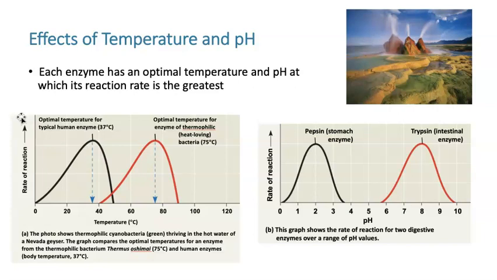So here in this first graph, we have a thermophilic cyanobacteria. That's fancy. Thermophilic just means likes hot environments. Thermophilic loves heat. And cyanobacteria, cyano, that's a kind of color of green, so it's a green bacteria. In other words, it's a photosynthetic bacteria.